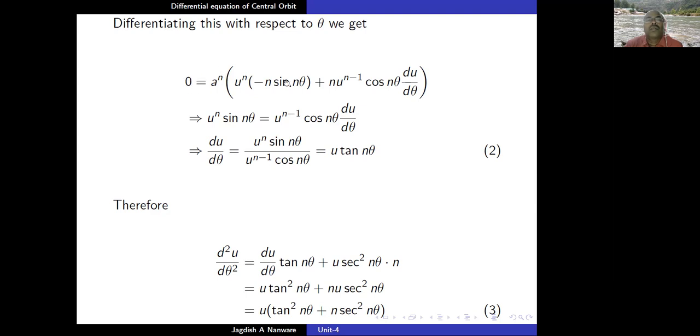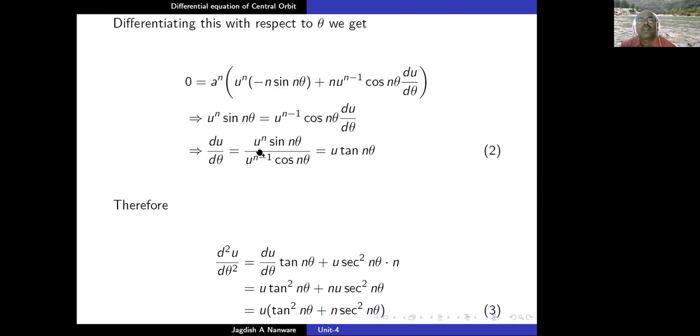Okay, so this round bracket is equal to 0, right? And therefore we get this equality, and you solve for du by d theta. So du by d theta is equal to u to the power n sin n theta divided by u to the power n minus 1 cos n theta.